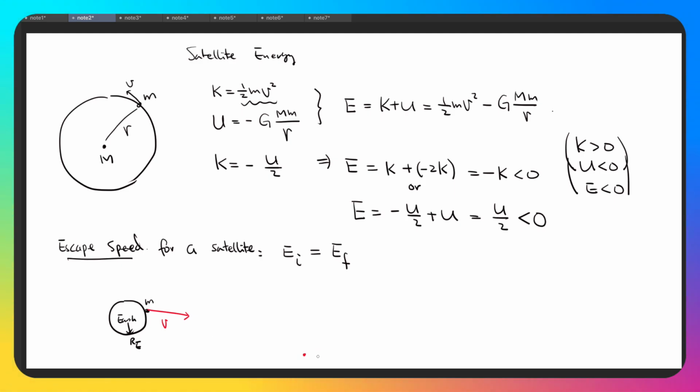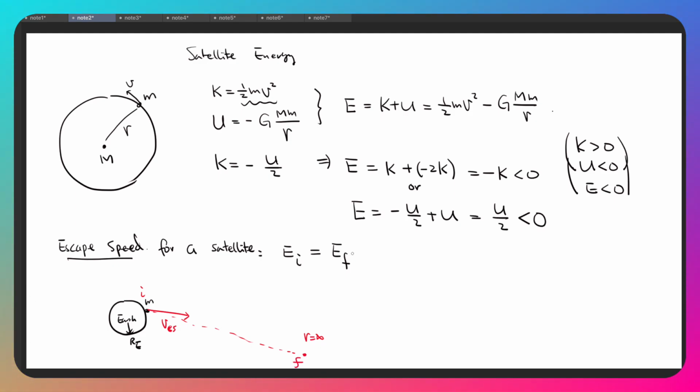So now let's say at this distance, which is infinity, to the Earth, at this location we can say the satellite escapes the Earth. And the speed here is called escape speed. Let's call it VES. So now think about what kind of VES we need in order for the satellite to go all the way here to infinity. Okay, and this initial position on the Earth's surface is i, and final position is at infinity.